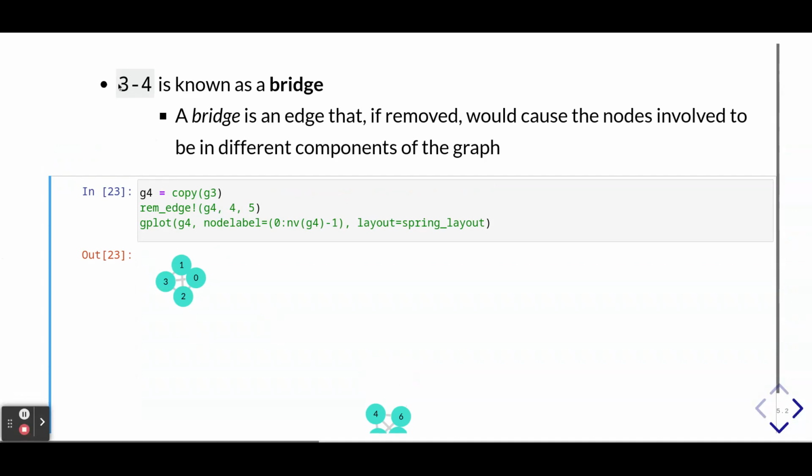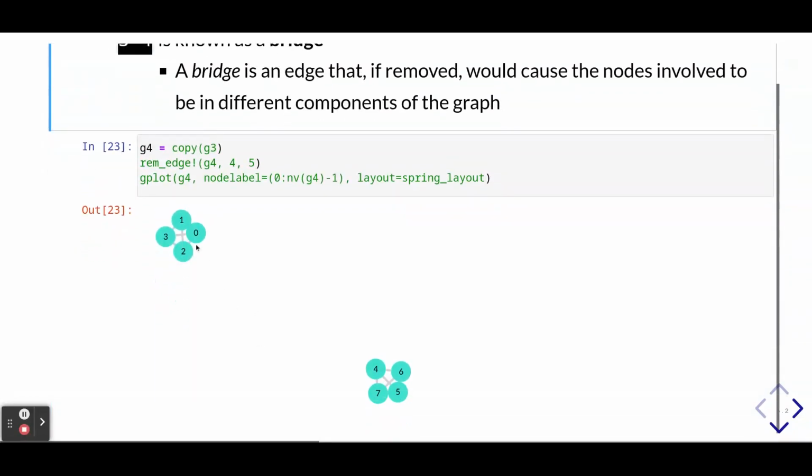So that edge 3, 4 that we had was very crucial in preserving a connection between, say, 0, 1, and 2 and the other component, 5, 6, and 7.